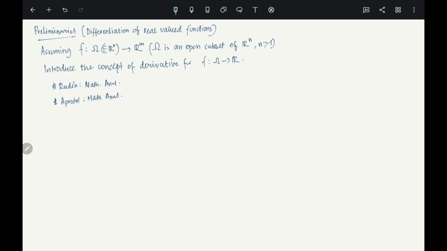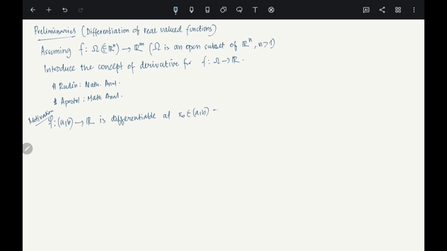So let me introduce you to the concept. Essentially, let's say f is from (a, b) to R. So this is motivation. f from (a, b) to R is differentiable at a point x0 in (a, b).